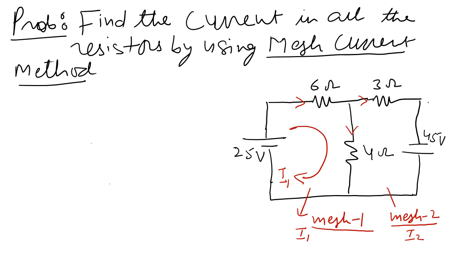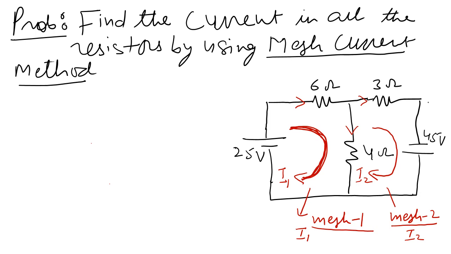This is the direction of the mesh current, and this is also the direction of the loop. Now in mesh 2, the direction of the loop is like this, and the current direction is also the same, which is I2.